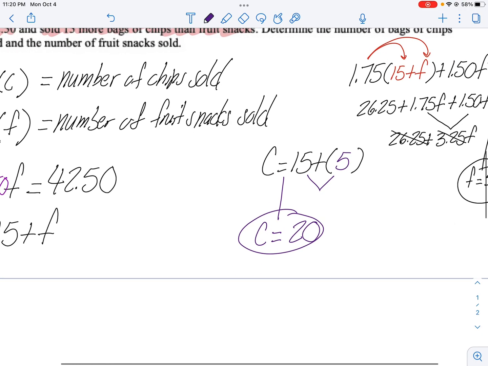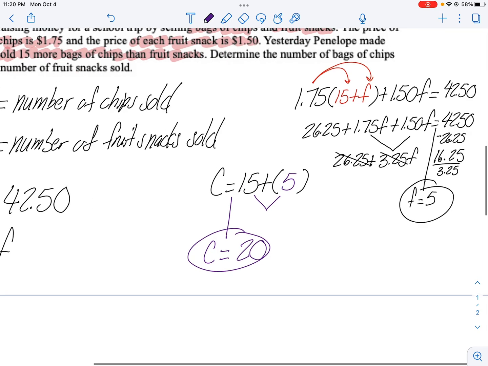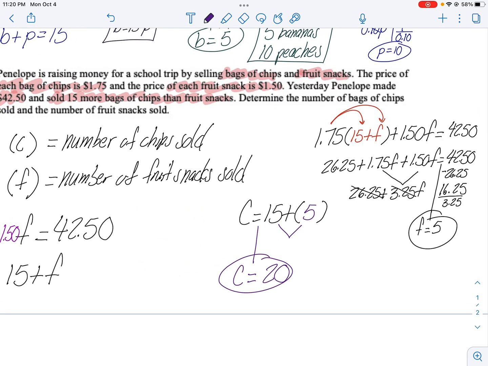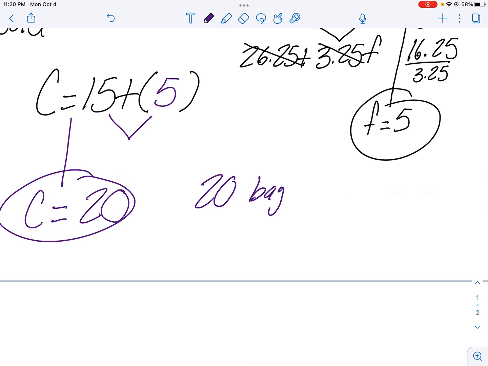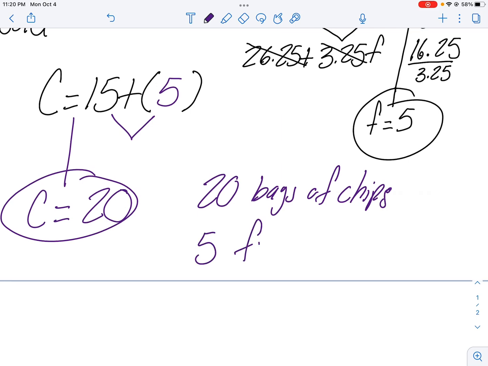And that's how many chips we have. So we want to know the number of chips sold and the number of fruit snacks sold. So we're going to say 20 bags of chips and 5 fruit snacks.